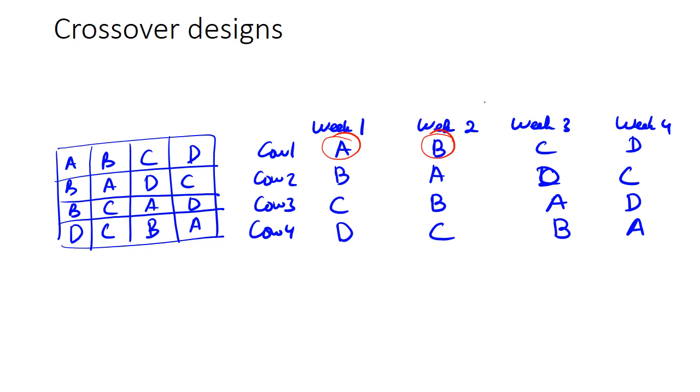We can overcome this carryover effect by using a lengthy washout period. A washout period is the time between treatment periods. Or we can use a proper crossover design, such as a Latin square design.